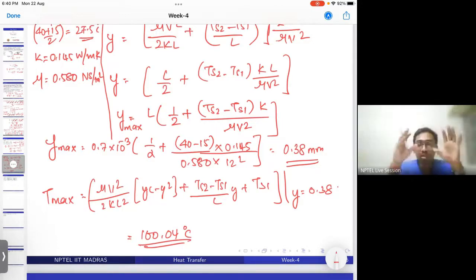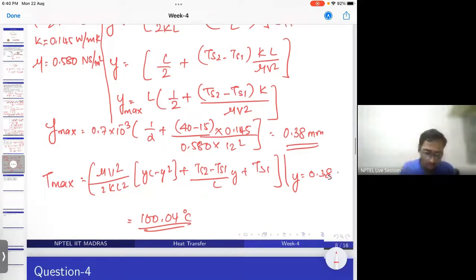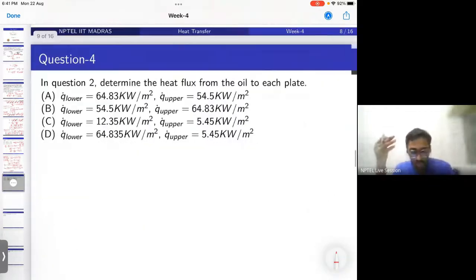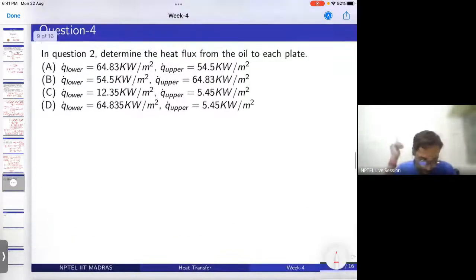This is mainly because of the heat generated due to viscous dissipation. More about this is discussed in the lectures, so you can refer to the lectures for more details.